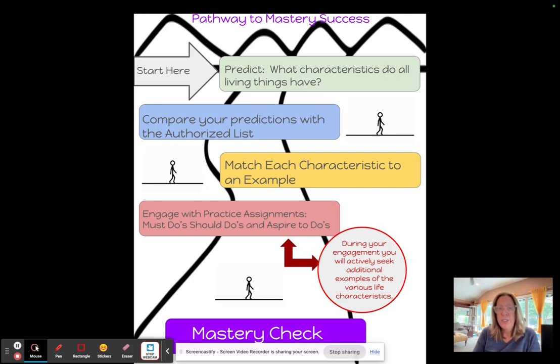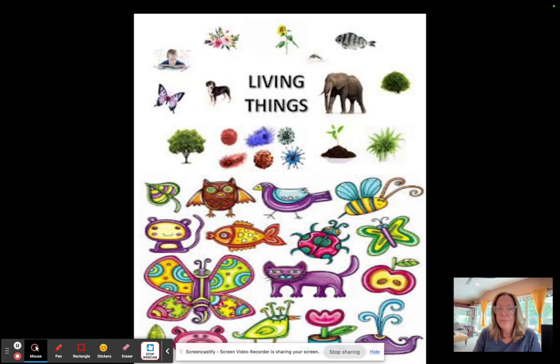Take a minute to just look at these steps. It starts with prediction, and then you're going to compare your prediction to the authorized list. Then you're going to work on matching. Then, of course, you'll engage in your practice work. And then finally, you will all be successful at completing the mastery check.